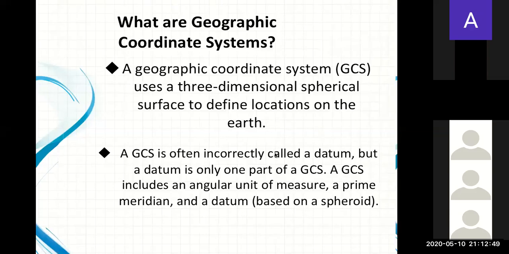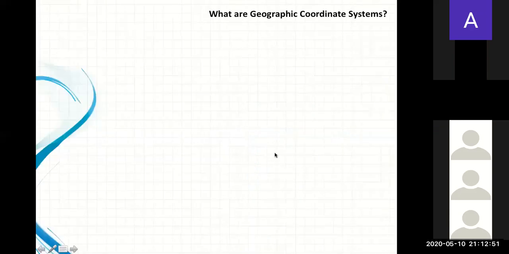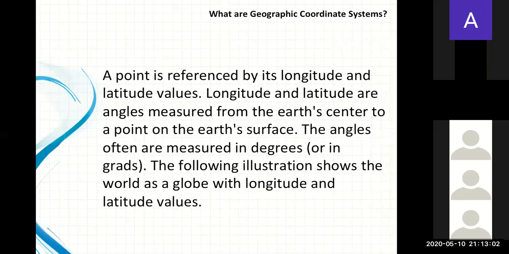We will soon look at it in ArcGIS to see how we can identify the projected coordinate system and the geographic coordinate system. Points on the geographic coordinate system are referenced with longitude and latitude values.